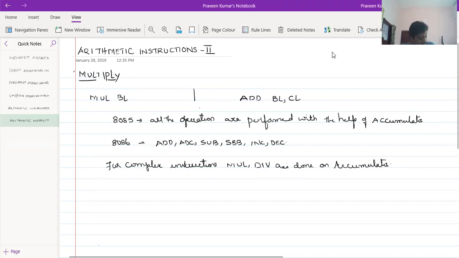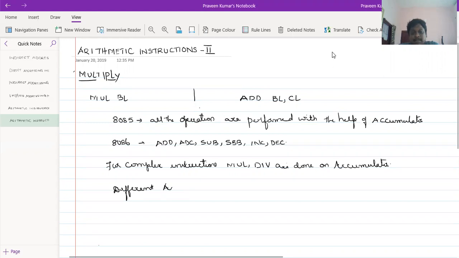So before going into the brief explanation about the multiplication instruction, first of all we'll have a look at what the different accumulators are.